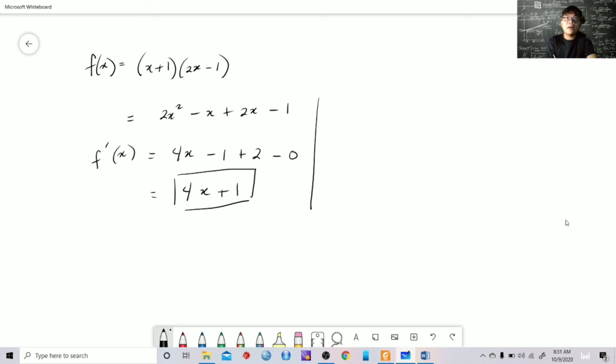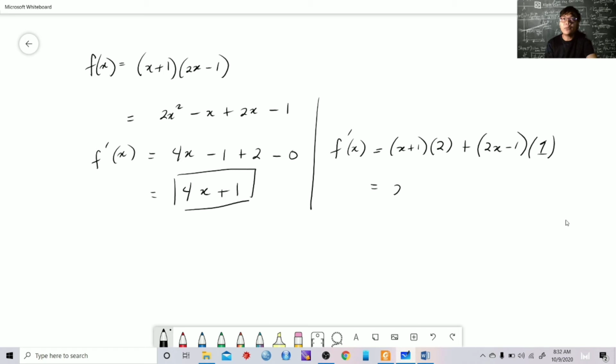Now for another method, we will use the product rule. So f prime of x would be, do not forget the rule for differentiation of a product. We first put x plus 1 and then multiply by the derivative of the second term, which is 2, plus the second term times the derivative of the first term, which is 1.